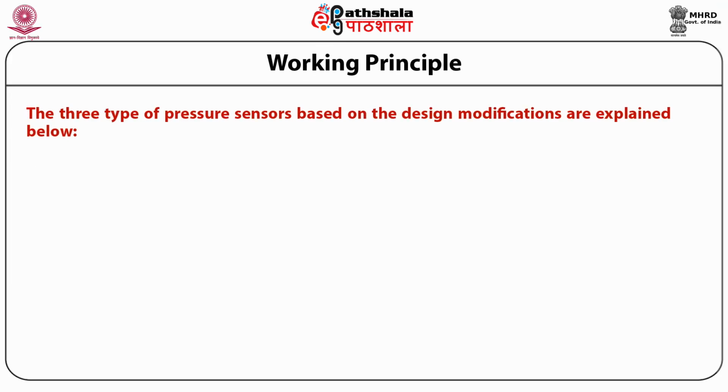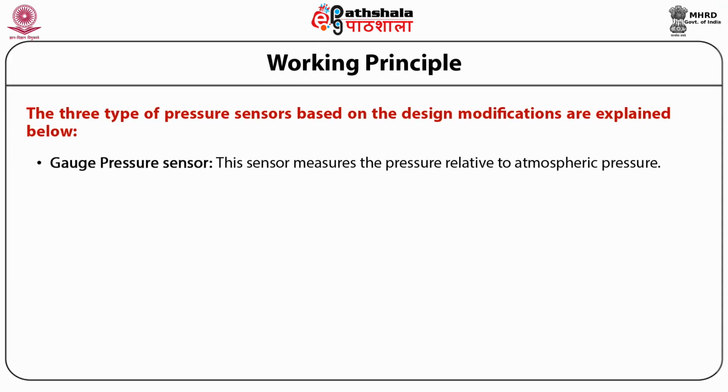The second is the gauge pressure sensor. This sensor measures the pressure relative to atmospheric pressure, and there is no vacuum between the glass plate and the sensor chip fabricated over the membrane, as compared to the absolute pressure sensor.